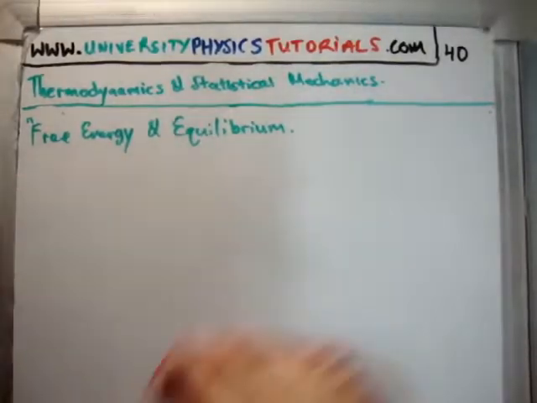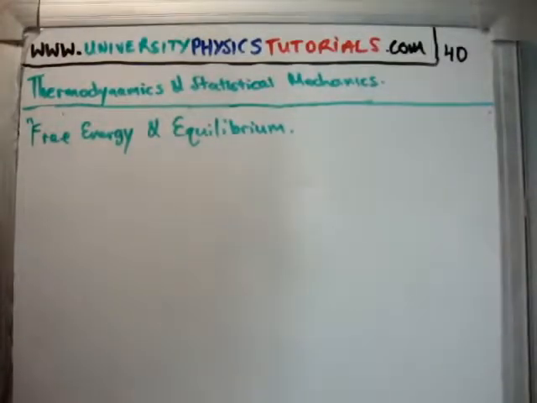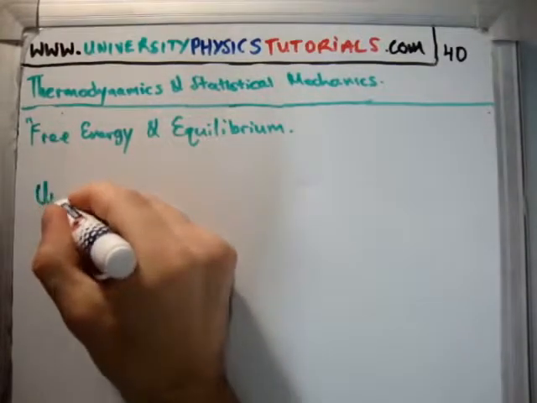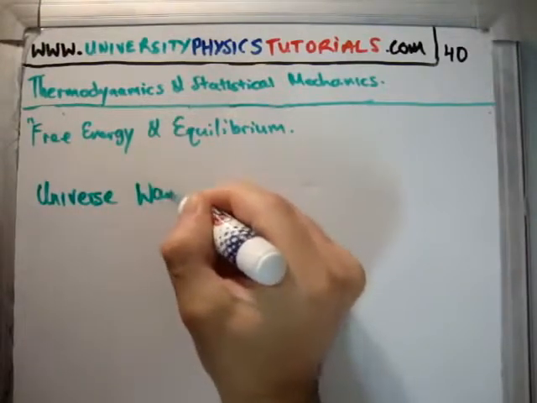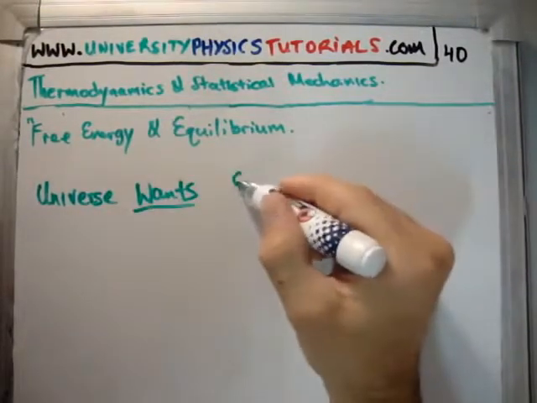So what are we trying to do here? We're trying to work out what we need to do with the Gibbs and Helmholtz free energies in order to minimize or maximize the universe's entropy. Why? The universe wants, or needs, equilibrium.